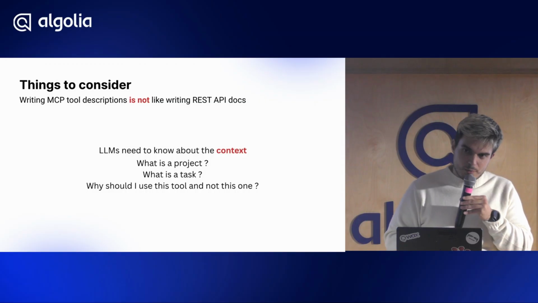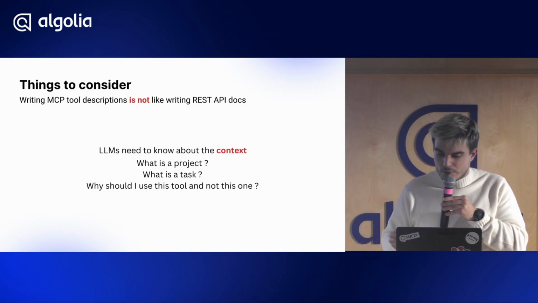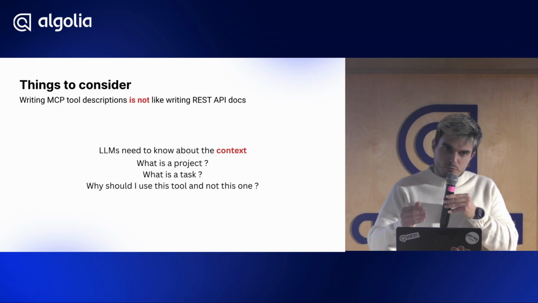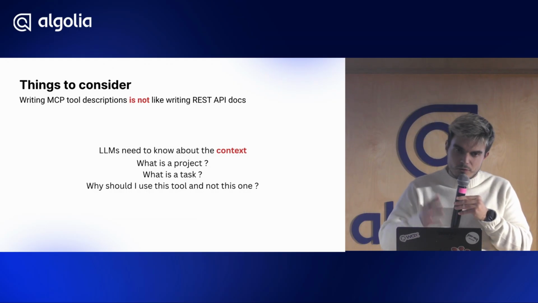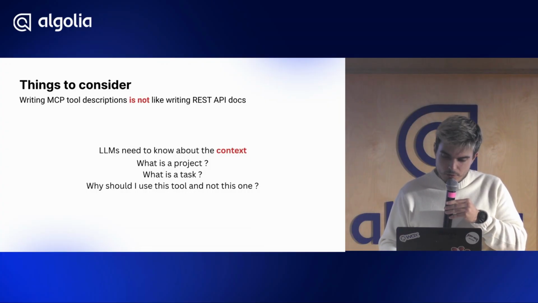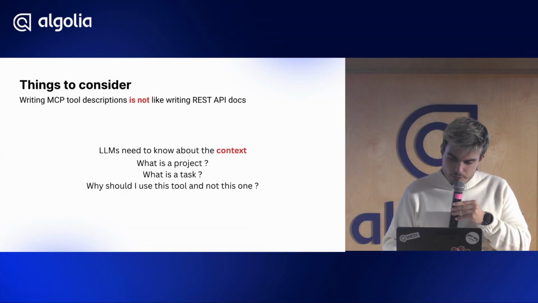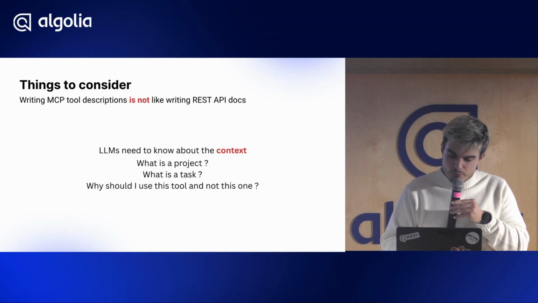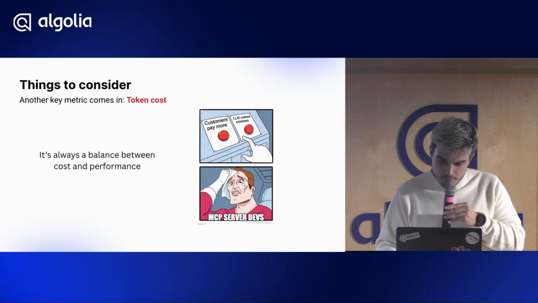Well, it's the same for an LLM that's using an API. So if you have some tools that you expose, you have to describe what those tools are for and what is the context of the server. It has to be coherent between each tool call. And also, why this tool is relevant and not this one, it has to know what to do.